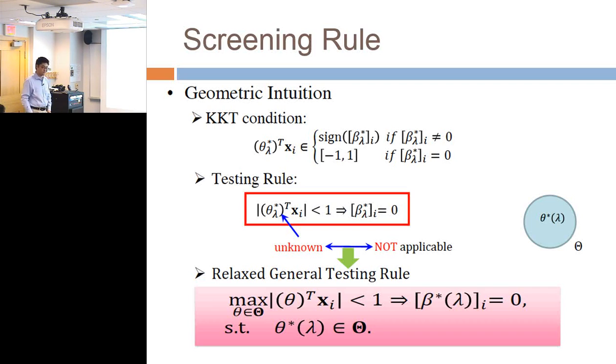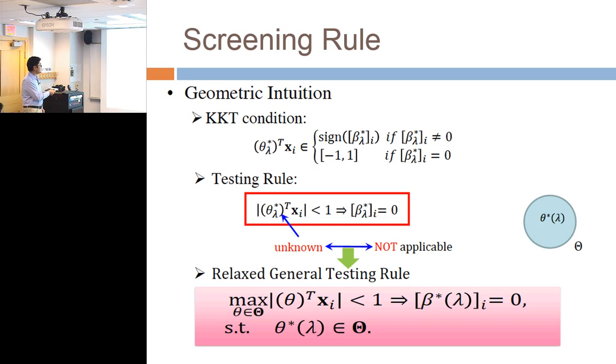This is a good question, but it may not be that easy to answer because it involves quite a lot of math. This is a first order optimal condition, and based on this condition, we can derive this equation. If this inner product is 1 or minus 1, then the corresponding component must be non-zero.